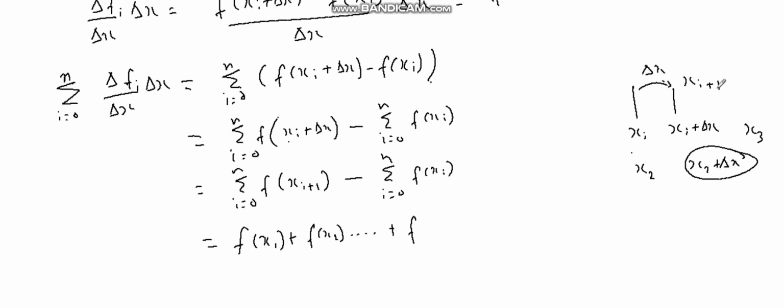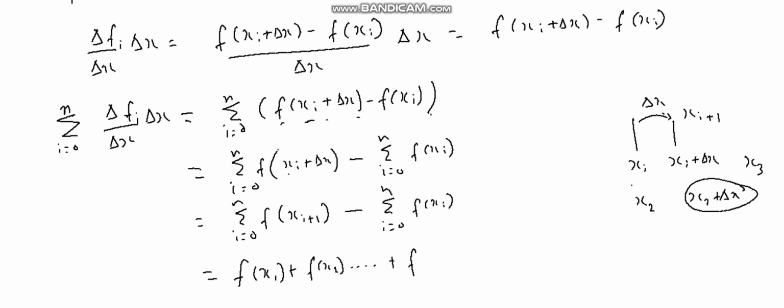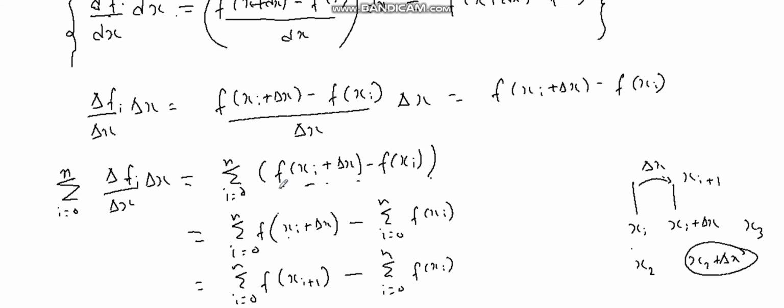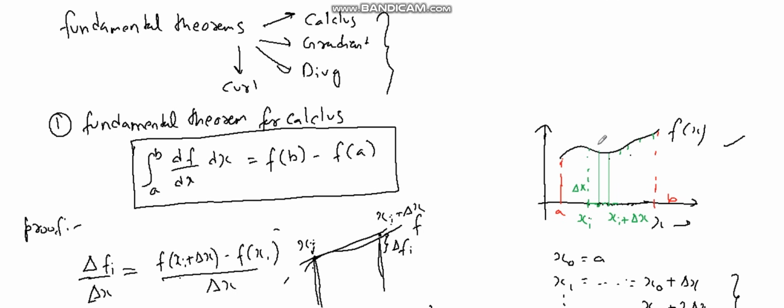One thing that I have to mention over here is that this term is one more than the i, so finally, this f of x_i plus delta x should be this term, okay.